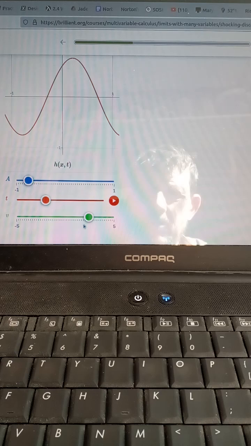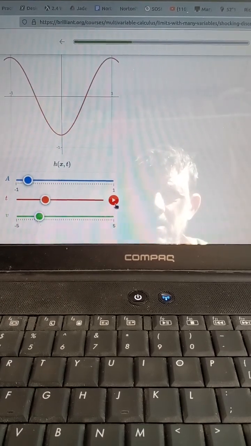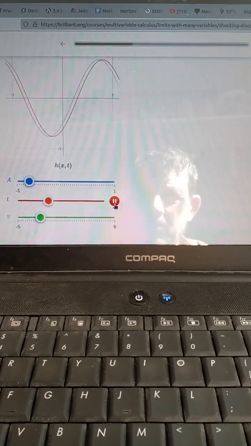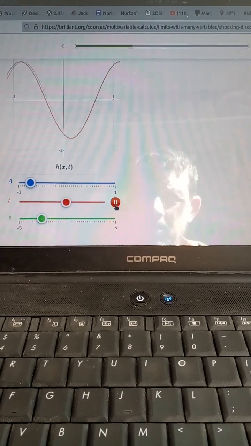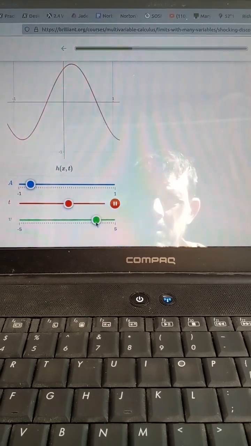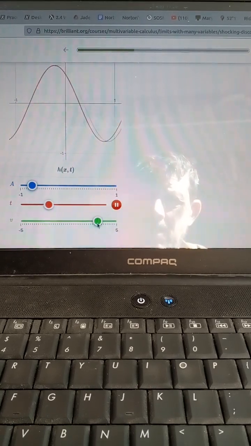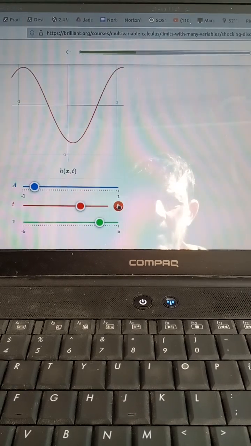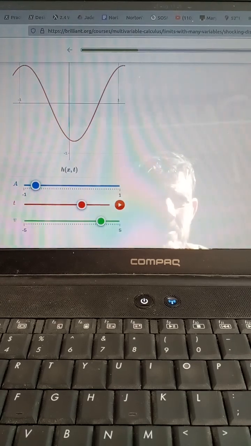Because at the moment the velocity is positive, but if the velocity is negative, then when time's going forwards, the wave is going backwards, and when time's going backwards, the wave is going forwards, and vice versa. I think it might have been better if they just did that, but I don't know.